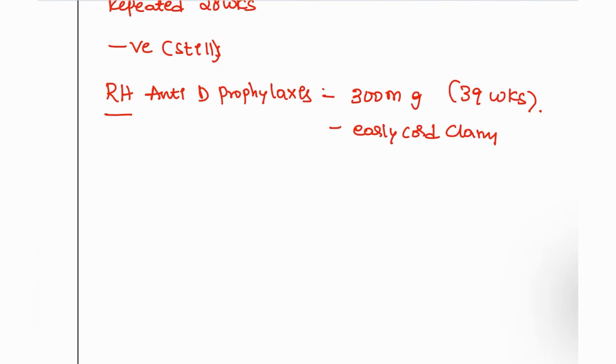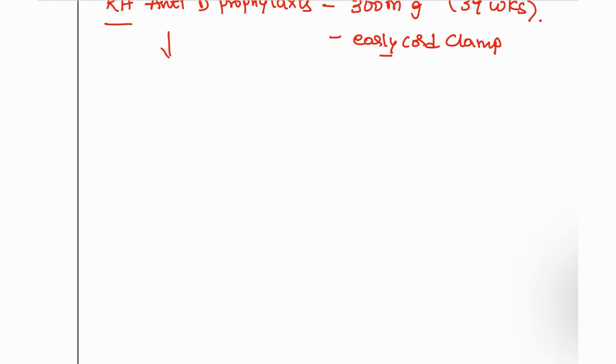What I said in the AMTSL guidelines is delayed cord clamping, but for Rh negative pregnancies, early cord clamping should be done for this patient. Okay, then after the baby is born, you have to check the baby's direct Coombs test.